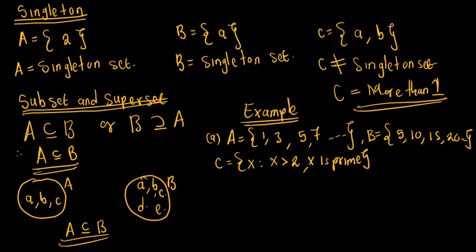Now we want to show that A is a subset of B. If you check, you discover that A contains these numbers, but these numbers don't really appear in B. But for C, the conditions are that C contains numbers that are above 2, and these numbers are prime numbers.